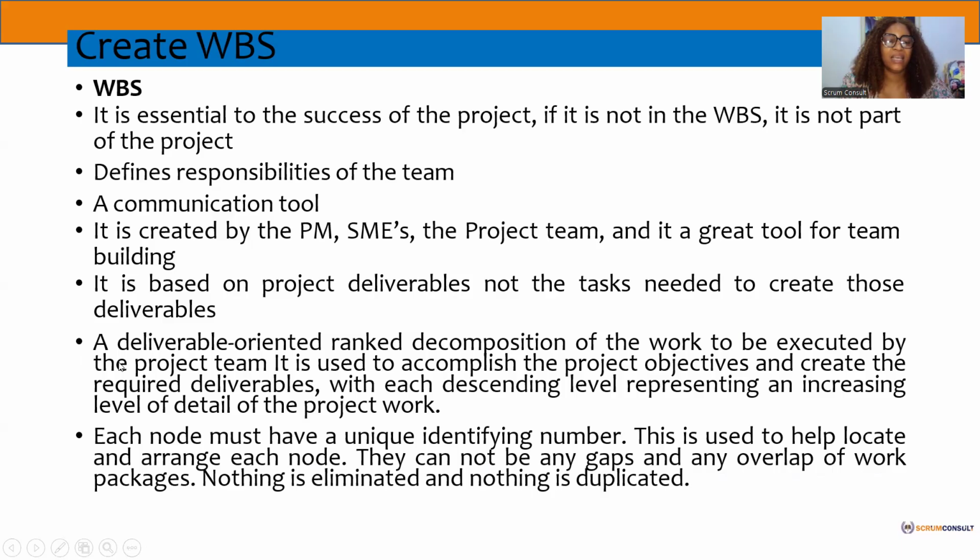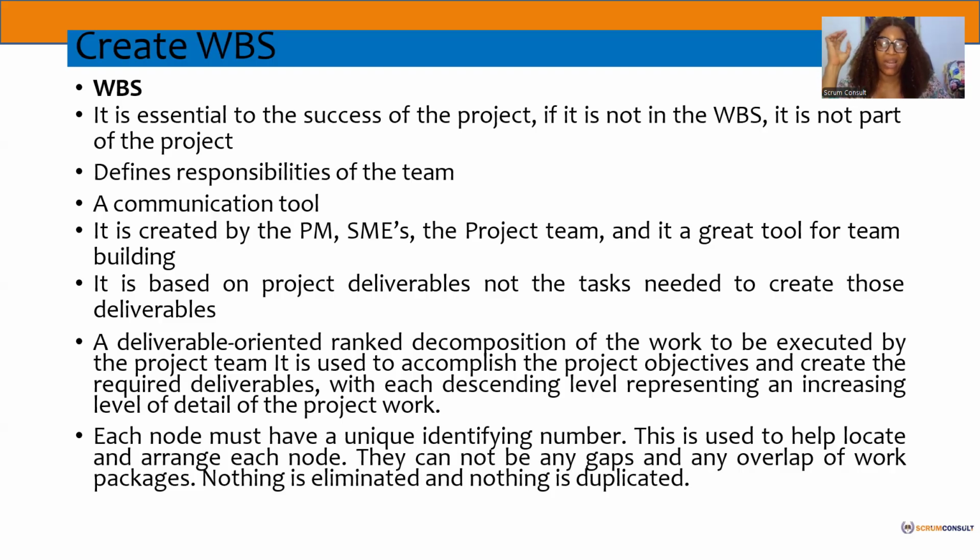And it says here that it is a deliverable-oriented hierarchical decomposition of work to be executed by the project team. It is used to accomplish the project objectives and create the required deliverables, with each descending level representing an increasing level of detail of the project. Each node must have a unique number.